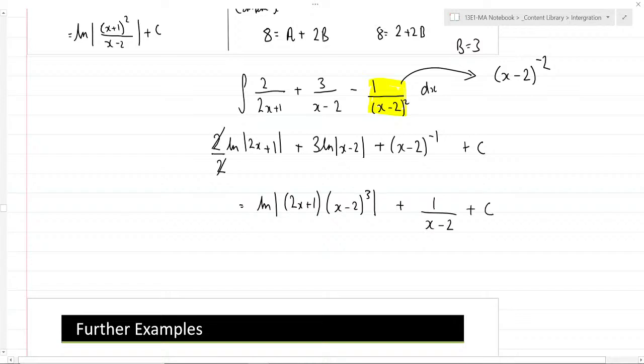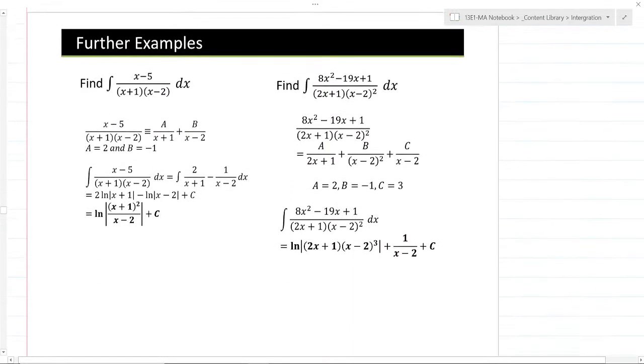Bring the 3 up, so it's x minus 2 to the power of 3. Can everybody see where that power of 3 comes from? Yeah? We alright with that? Let's just check the answer. Yeah. Okay.